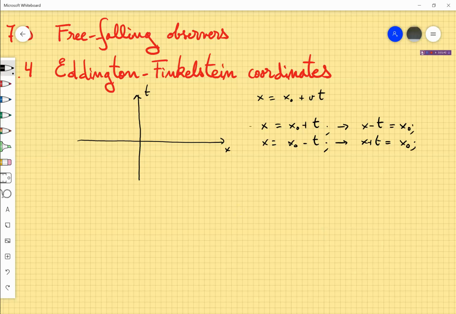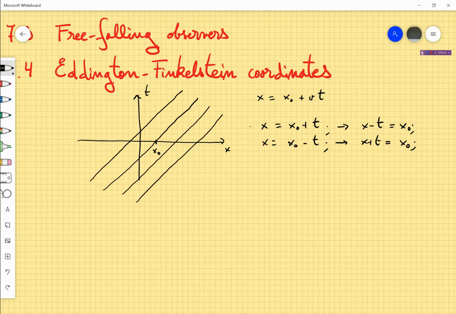So these lines cross the point x0. They have a slope 1, just by convention. Again, in whatever units, this doesn't have to be the speed of light. And they are like this. So as I let x0 vary, I get these lines.